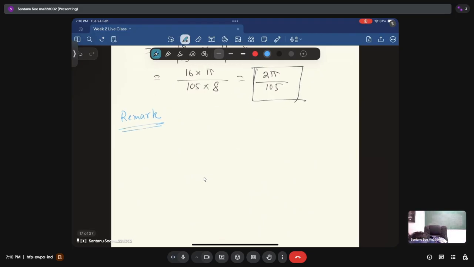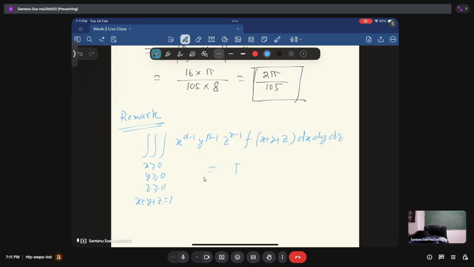If someone asks you to evaluate this triple integration, where x greater than or equal to 0, y greater than or equal to 0, z greater than or equal to 0, and x plus y plus z less than or equal to 1, of x to the power alpha minus 1, y to the power beta minus 1, and z to the power gamma minus 1, f of x plus y plus z, dx dy dz, this is going to be gamma of alpha times gamma of beta times gamma of gamma divided by gamma of alpha plus beta plus gamma.